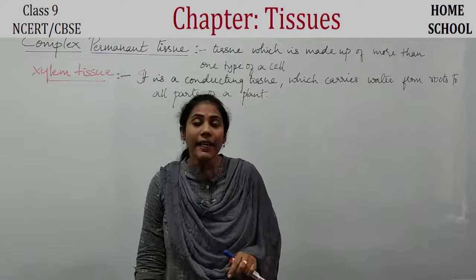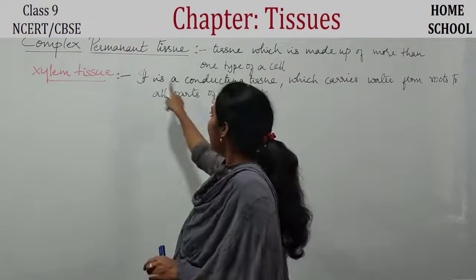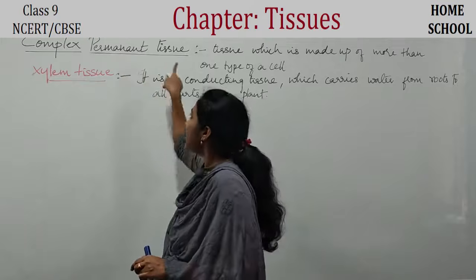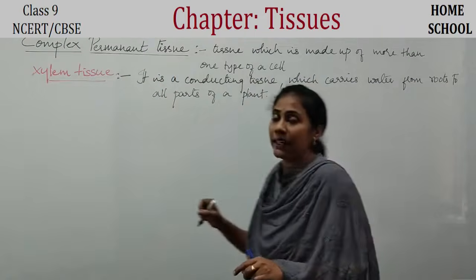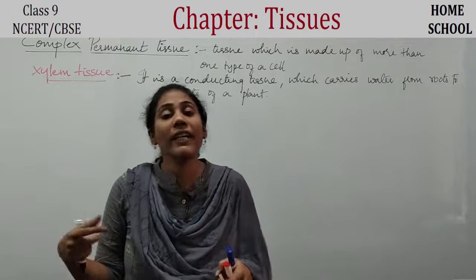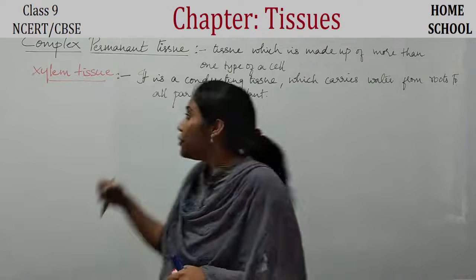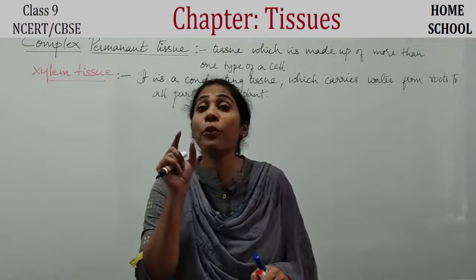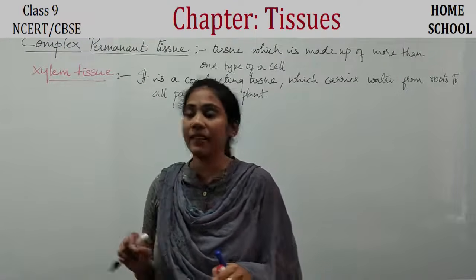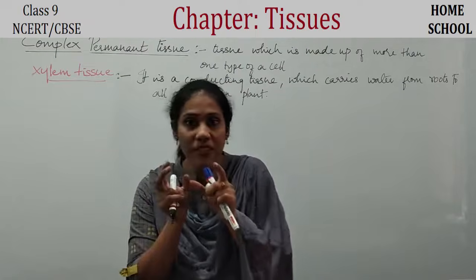Okay. And now, actually, xylem is a complex permanent tissue. I told you, complex permanent tissue is made up of more than one type of cell. So here, xylem also consists of more than one type of cell. Tissue means what? Group of cells.